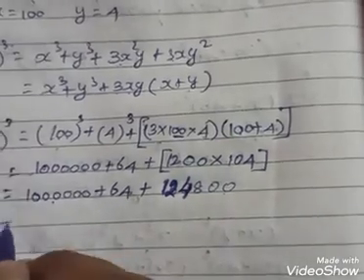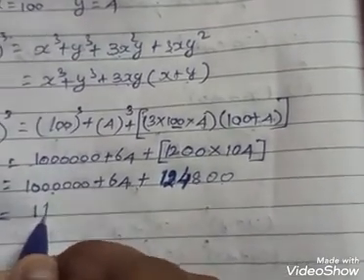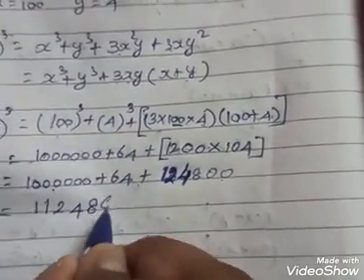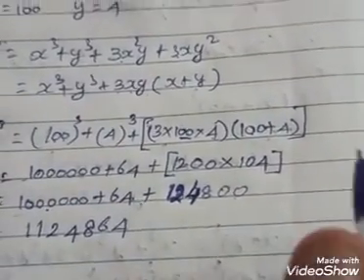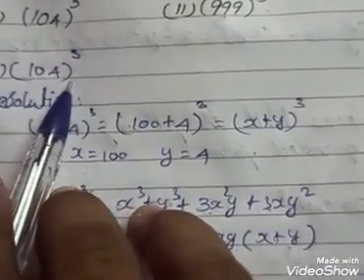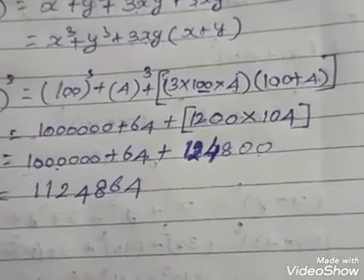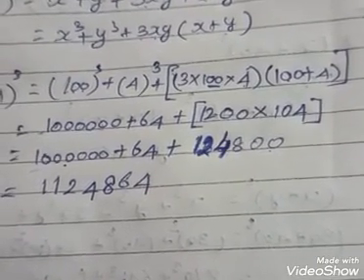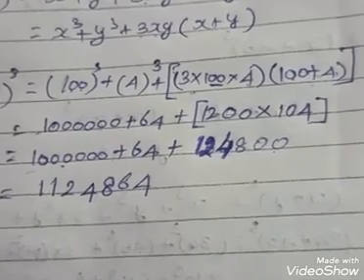Plus 64, so 11,24,864 is the answer. So the cube of 104 is 11,24,864. By using identities, it's very simple to calculate.